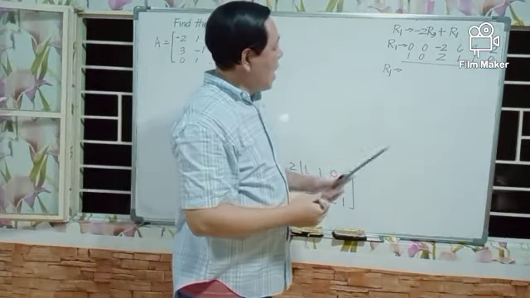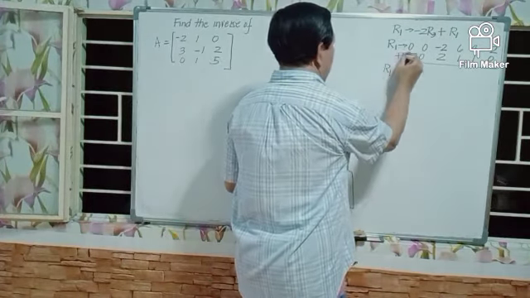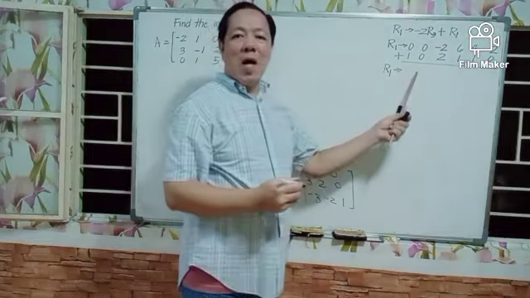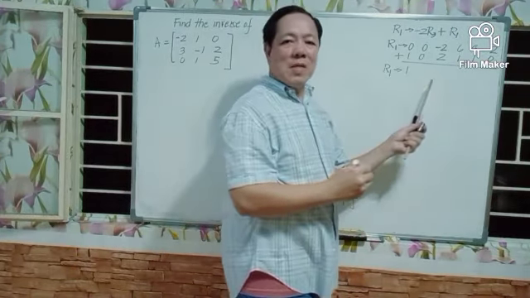And we add the operation involved with addition. We add 0 plus 1 is 1. 0 plus 0 is 0.